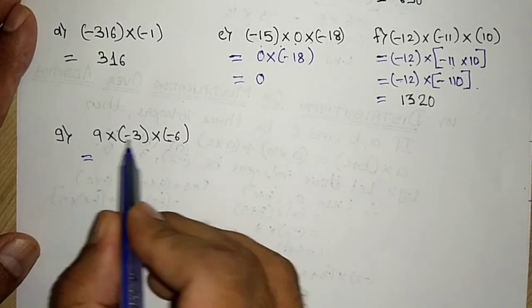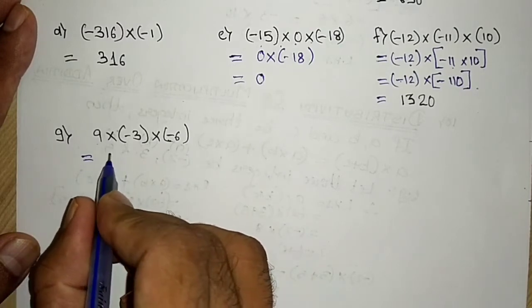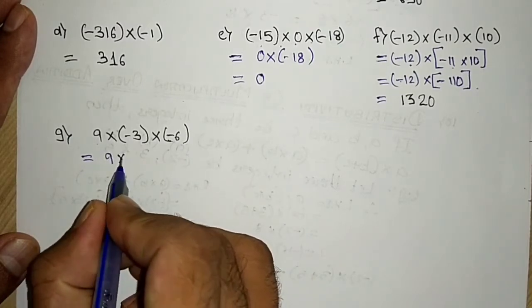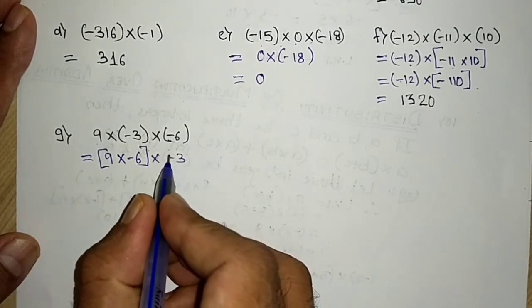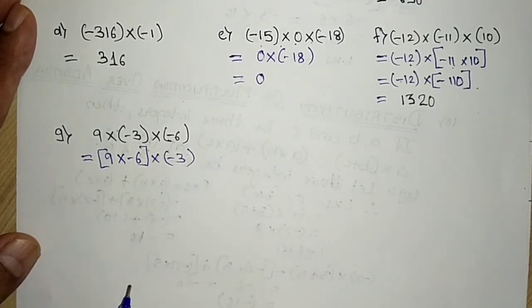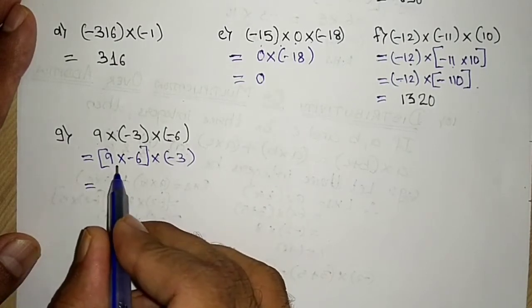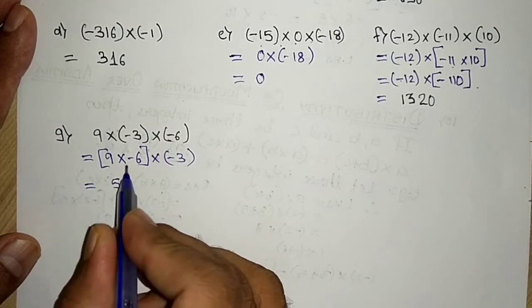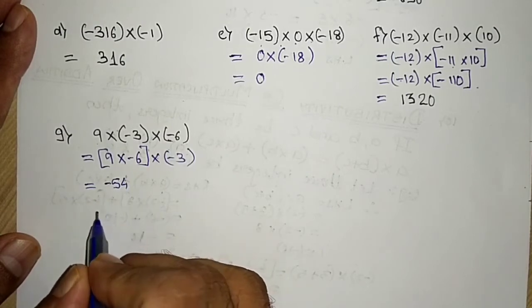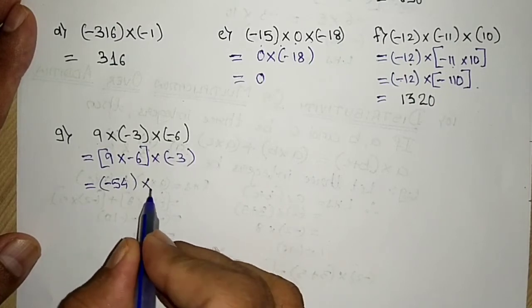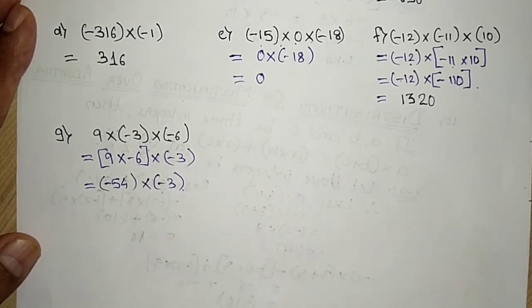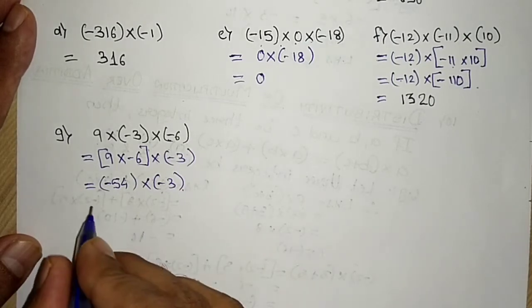I want to group first and last this time. 9 into minus 6 multiply by minus 3. In associative property, we can group any number, students. 9 6s are 54, and since it is 1 minus, here it will be minus 54. Now multiplying it with minus 3, my resulting answer will be 162, students. We will check.